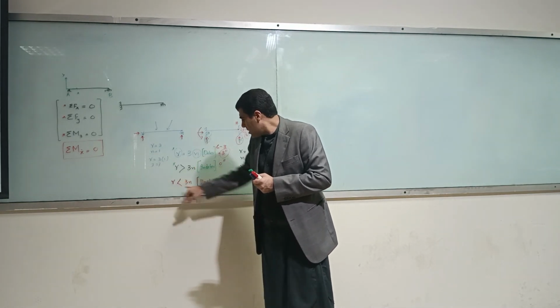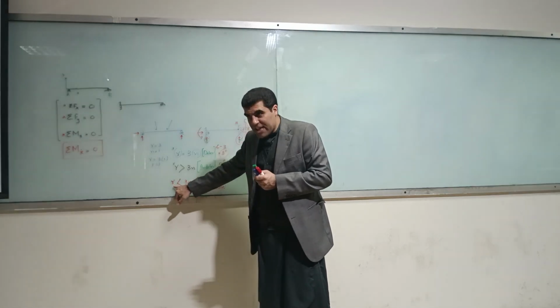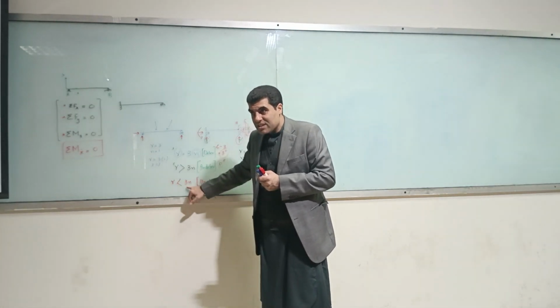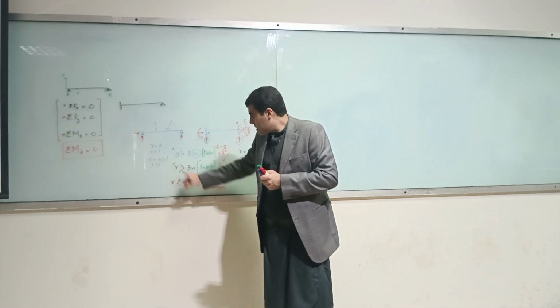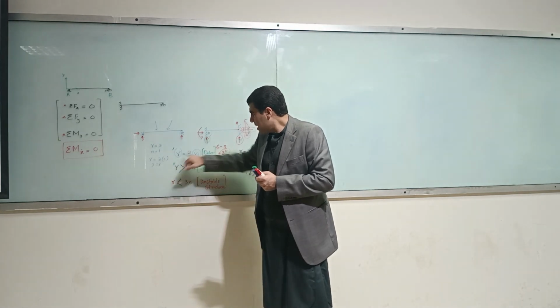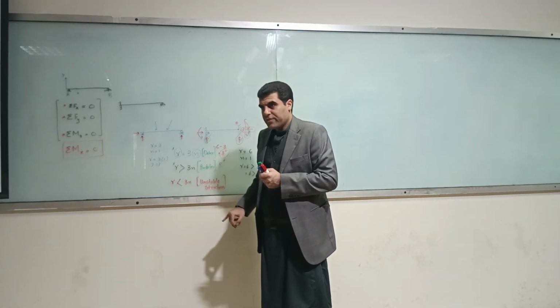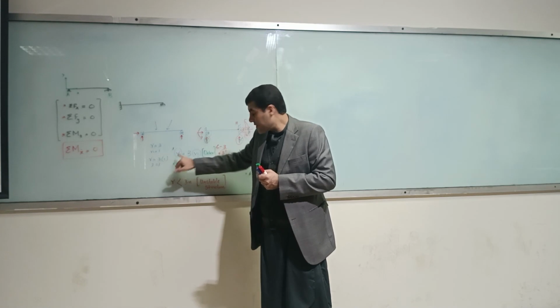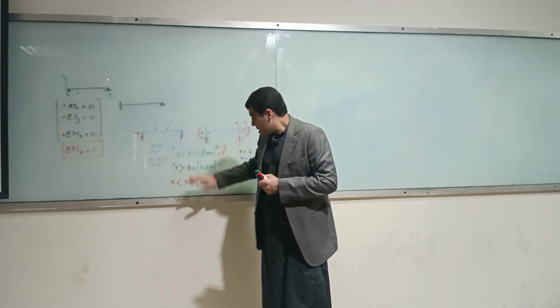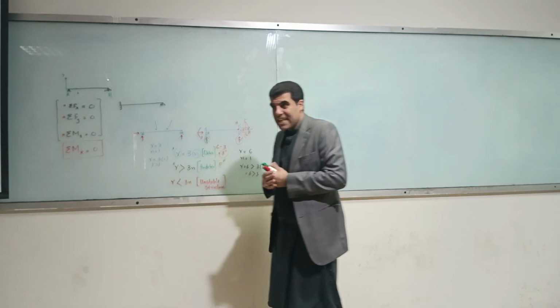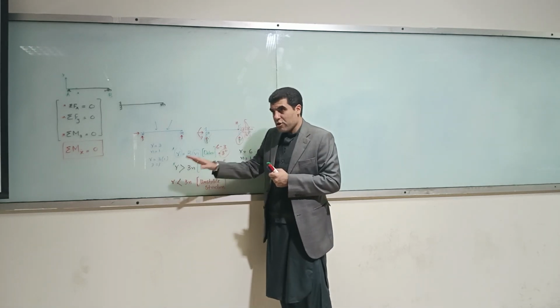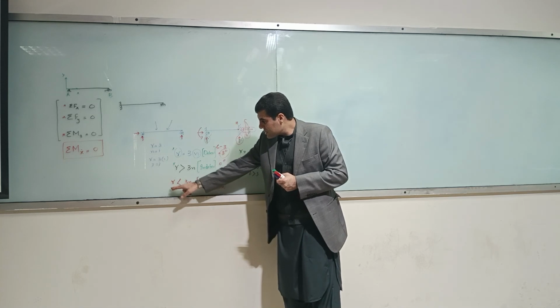In the unstable case, your reaction is less than the available equations, which are 3 times n. In the case of determinate, the unknown reactions are equal to 3 times n. So that's why I've written it in red. This is a danger area.